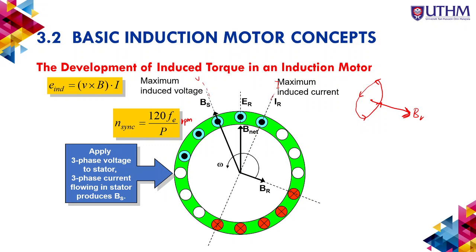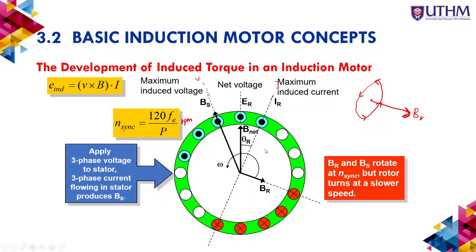And this is the ER, the voltage at the rotor. Later on we will see it at the equivalent circuit. And then there is also the phase over there. So BR and BS rotate at n-sync. Okay, but the rotor turns at a slower speed.